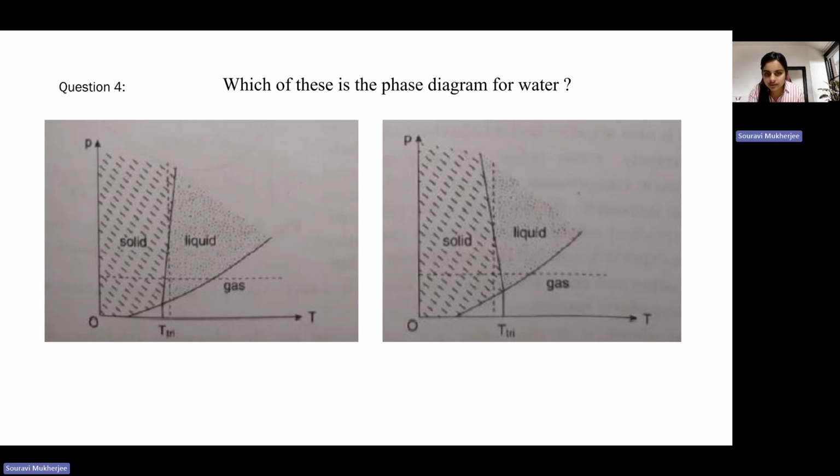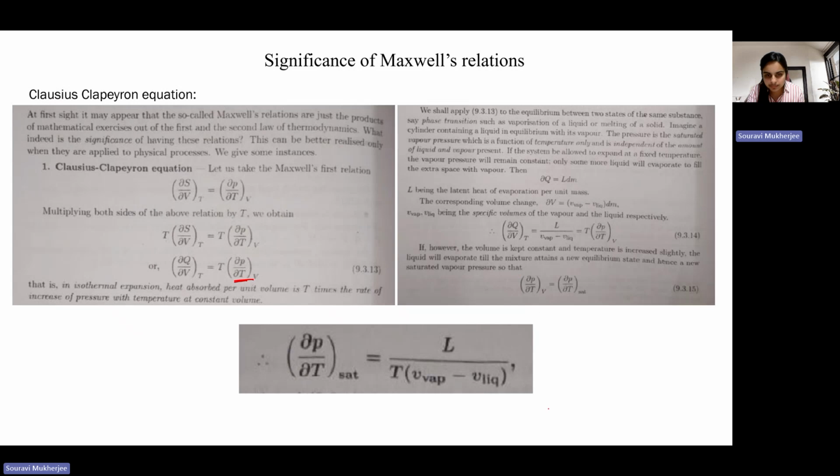Now, if the slope becomes negative, what happens? That means this term is negative. This is already telling you L cannot be negative, T cannot be negative. So the specific volume difference is negative. Here in this example it was the vaporization of liquid, but it also holds for melting of solid, in the next example where we talk about the liquid and solid transition.